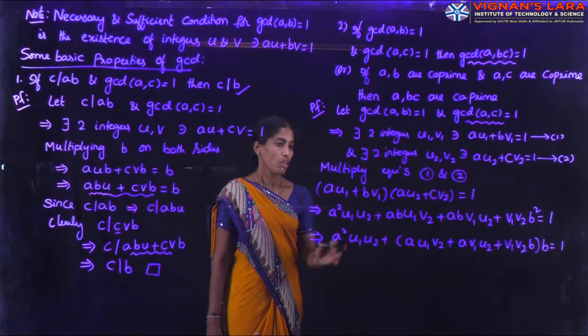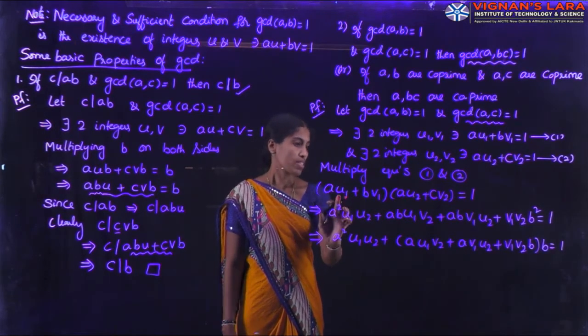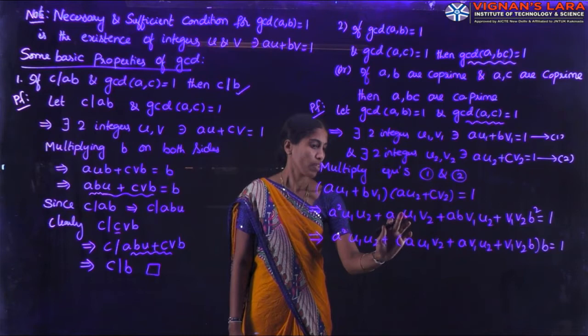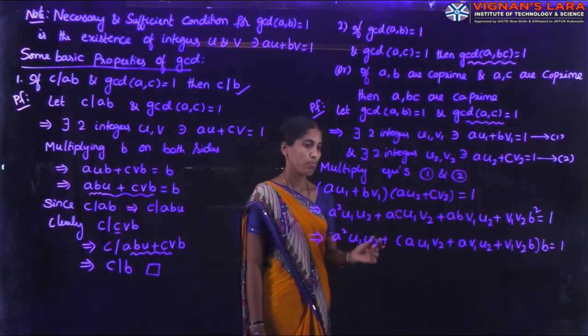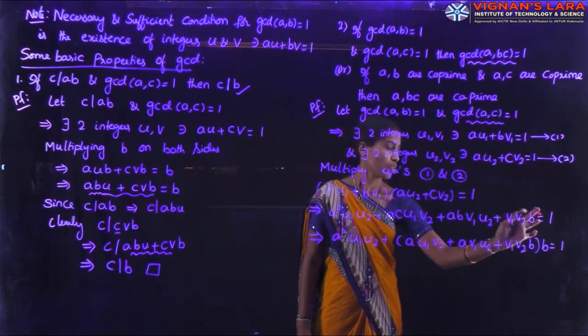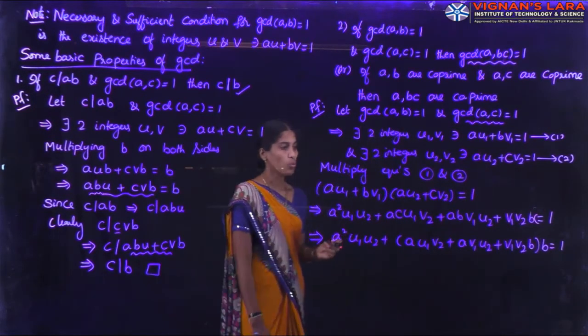Multiplying these two, first term into first term, a square u1 u2, first into second term, it becomes ac into u1 v2. Here also b into c is equal to 1, right?